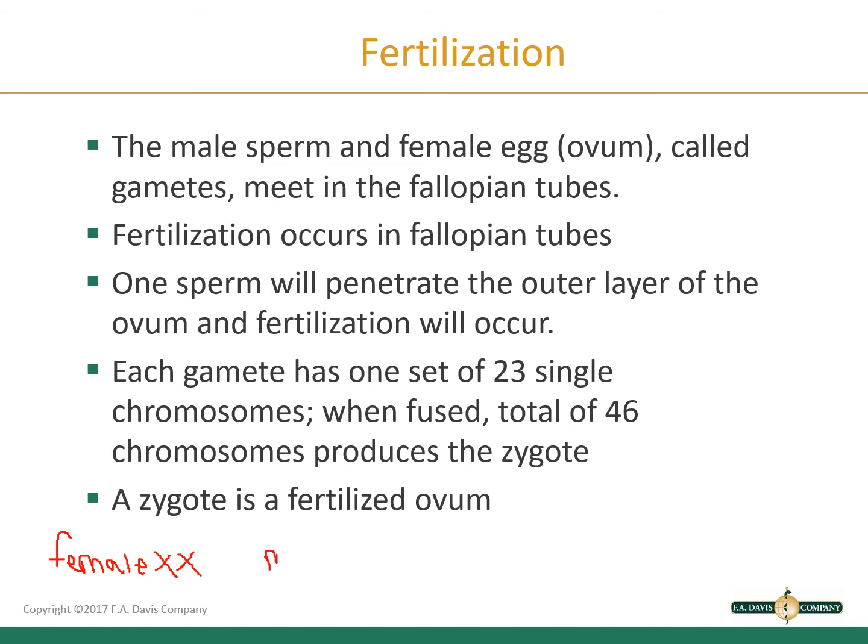Your male contributes 2 chromosomes, X, Y. At the moment of fertilization, if the zygote has an X chromosome from the mother and an X chromosome from the father, it will be a girl, XX, female. If the zygote has an X chromosome from the mother and a Y chromosome from the father, it will be a boy, XY.